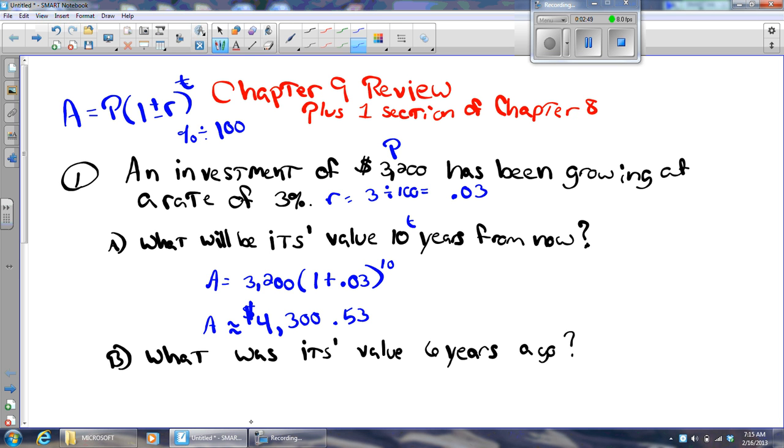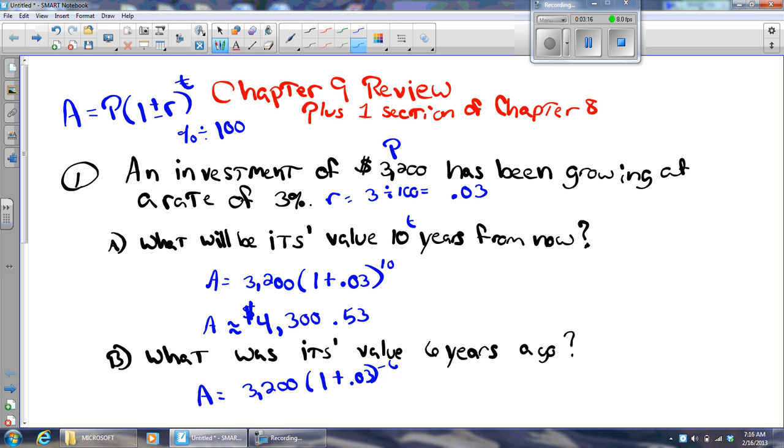All right. Now, what was its value 6 years ago? Well, it's the same problem, except the time has changed. We're assuming this investment has been going on for a while, at least 6 years. It's still 1 plus 0.03 because the investment has been growing. However, we're going back in time, so the exponent is -6. I can go to my calculator and change the t to -6.